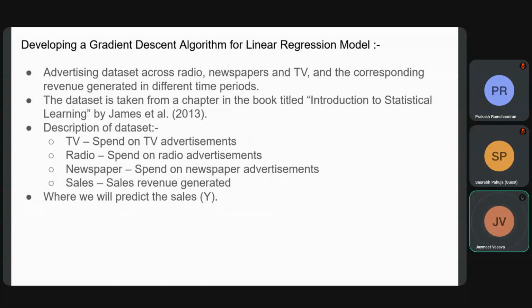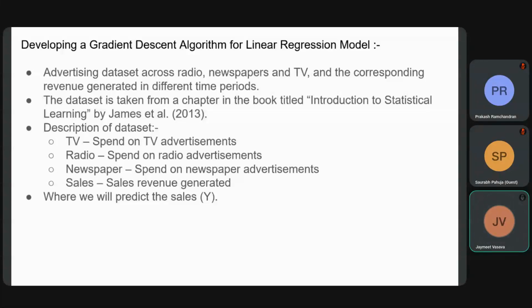So, developing a gradient descent algorithm for the linear regression model. Now we'll be using a dataset for advertisements. In this dataset we have the expenditure for the ads run on TV, radio, and newspaper.